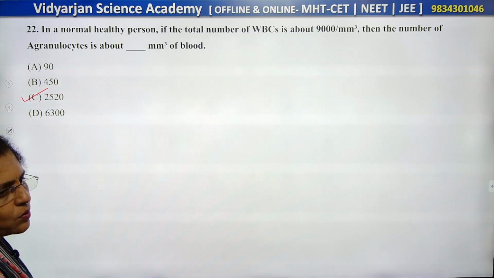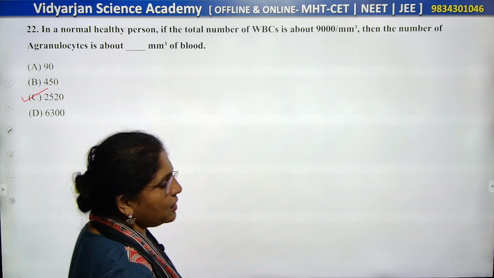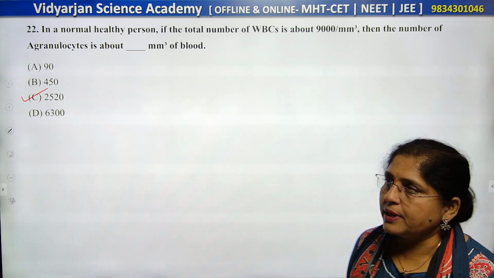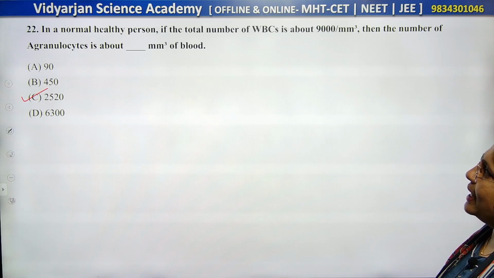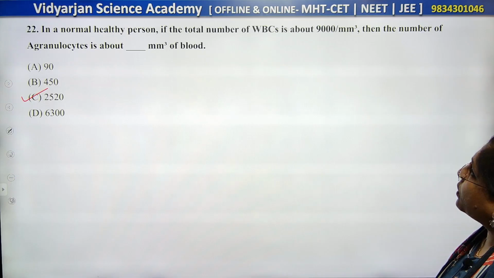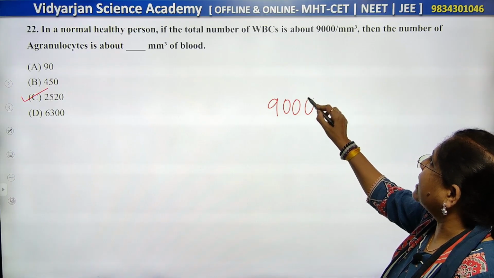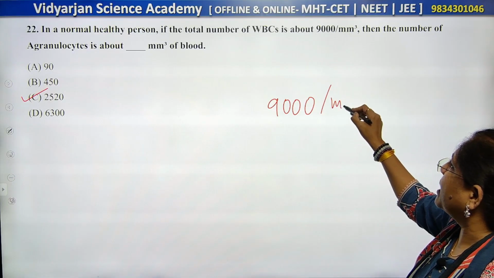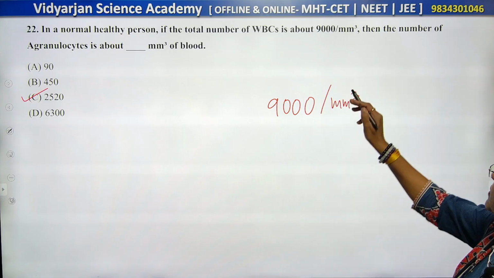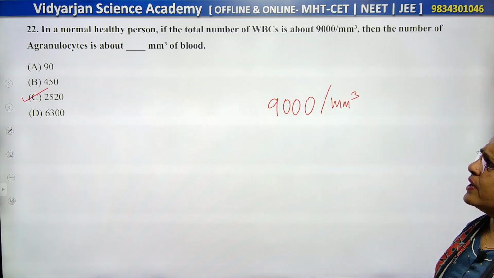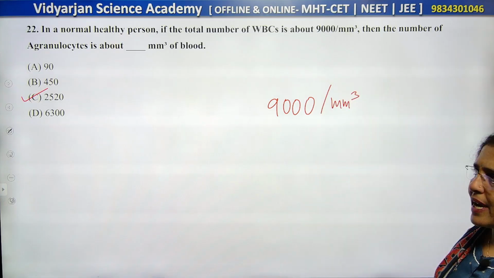Read the question carefully again. In a normal healthy person, if the total WBC count is 9,000 per cubic mm of the blood, then the number of agranulocytes will be dash.